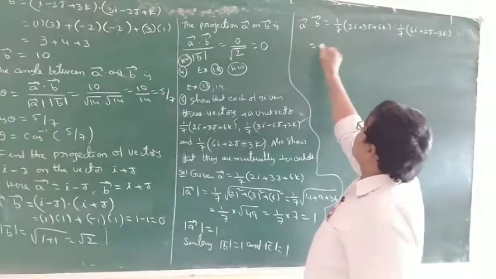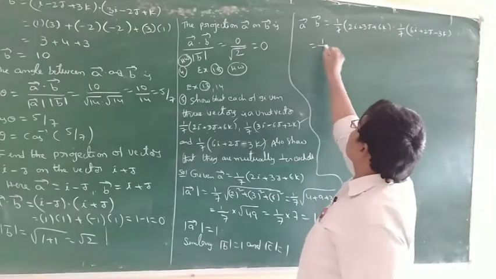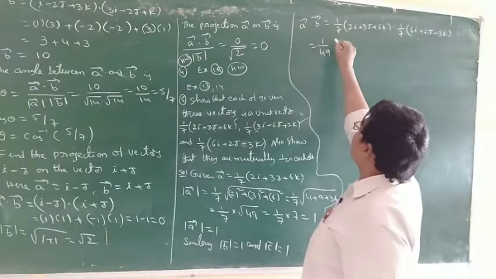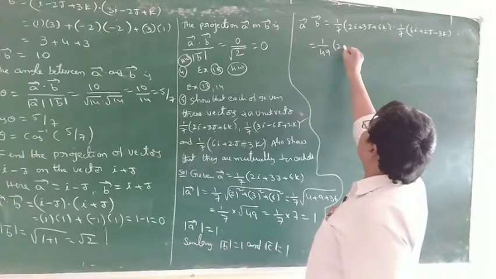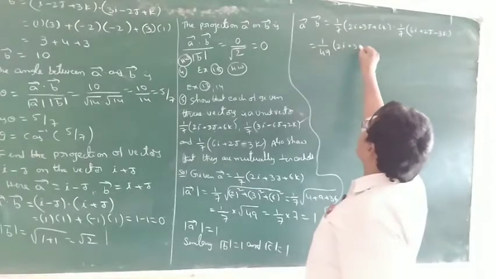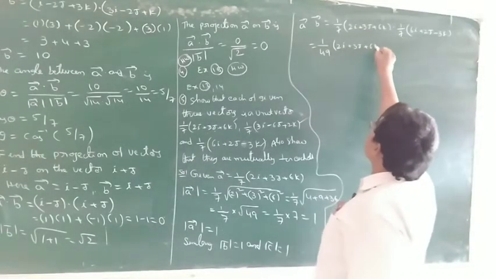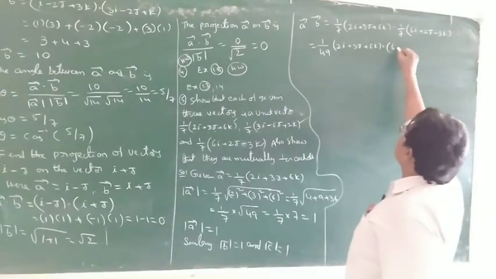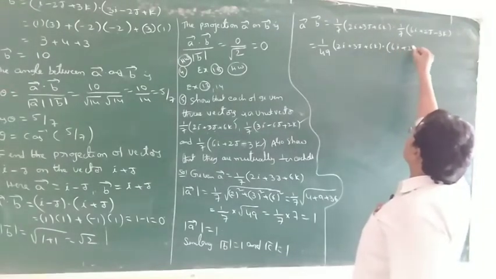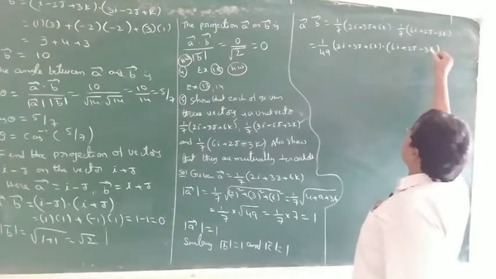So 1 by 7 into 1 by 7 is equal to 1 by 49.